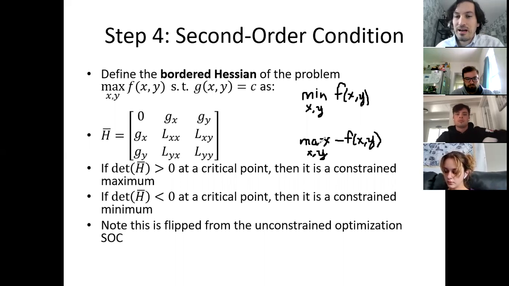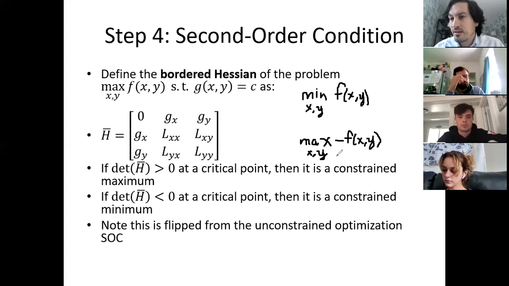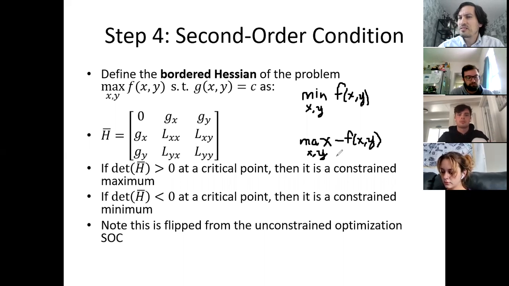So this is partially why I feel free to mostly just talk about maximization problems, because even if you do have a minimization problem, it's really equivalent. And if you think back to unconstrained maximizations, and we talked about concavity and convexity, you might think, well, wait a second, doesn't this change the concavity or the convexity?